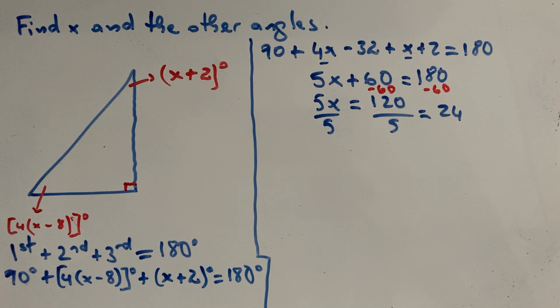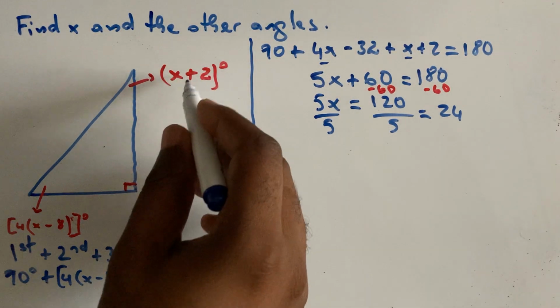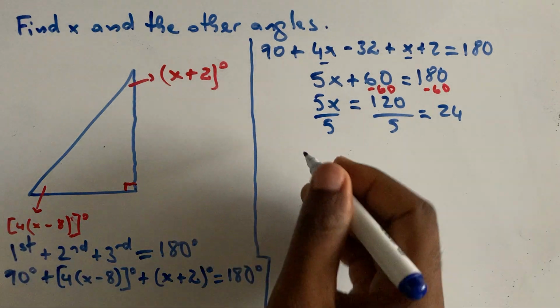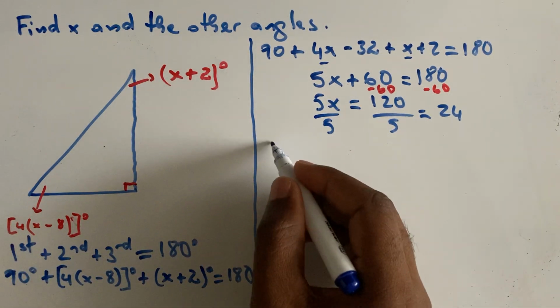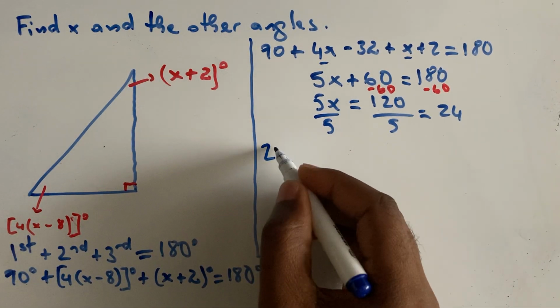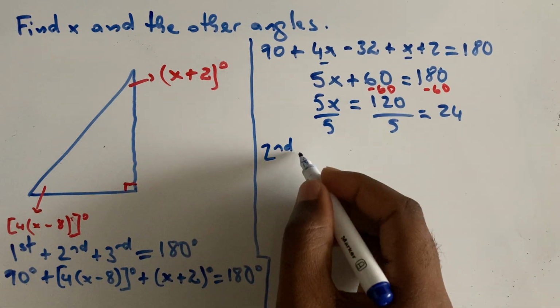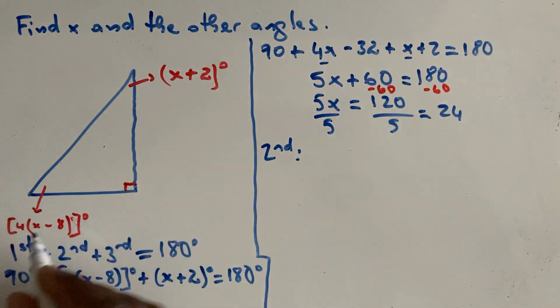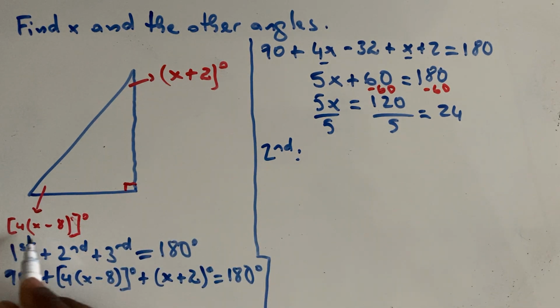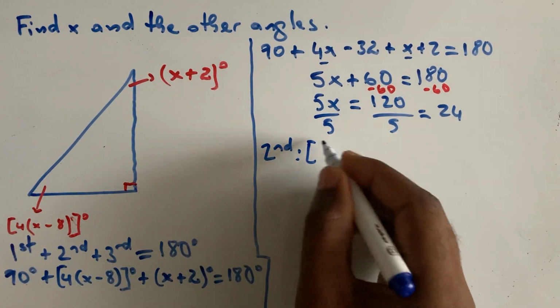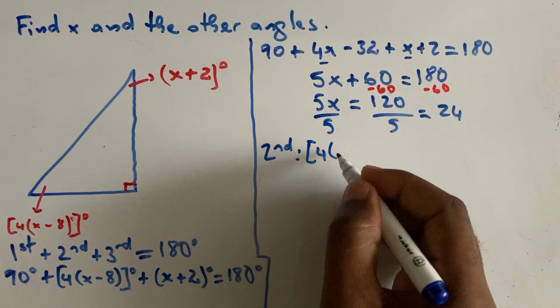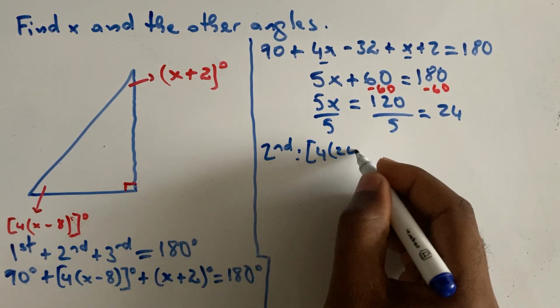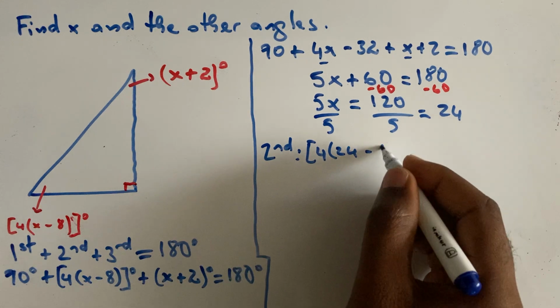Now, if you have x, it should be pretty easy for you guys to get this angle and the other angle. The second angle will be 4 times, and I'm going to replace x by its value. So it will be 4 times x, now x is 24, minus 8.